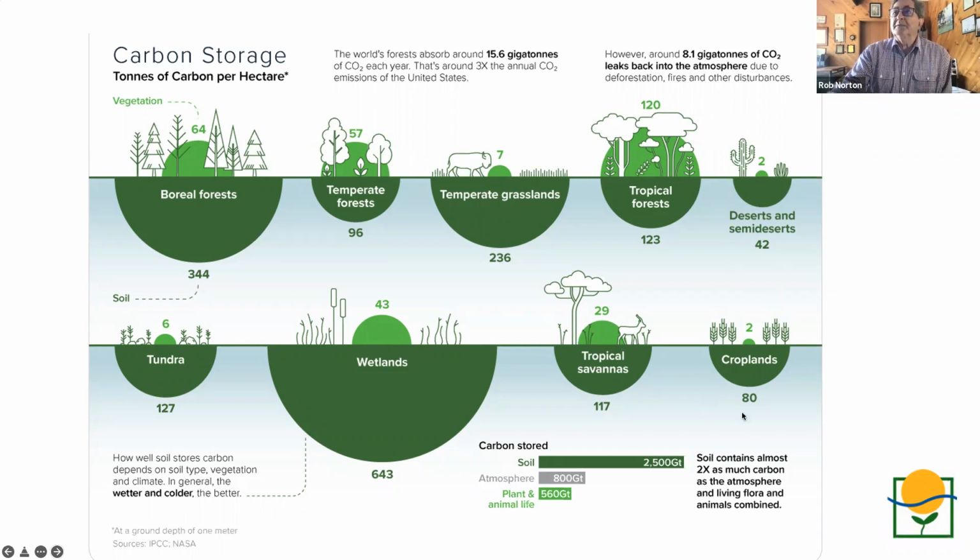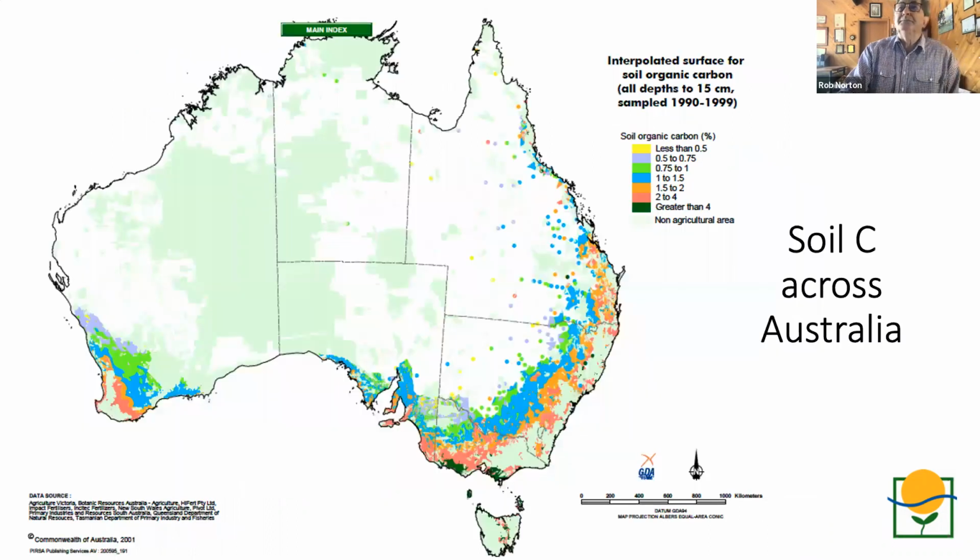If we go to croplands, again, we've got a potential to store, but it's certainly less than, say, forests, temperate forests or boreal forests. So that sets a view that carbon storage is actually a function of the environment, and it's also a function of the way the water and temperature operates.